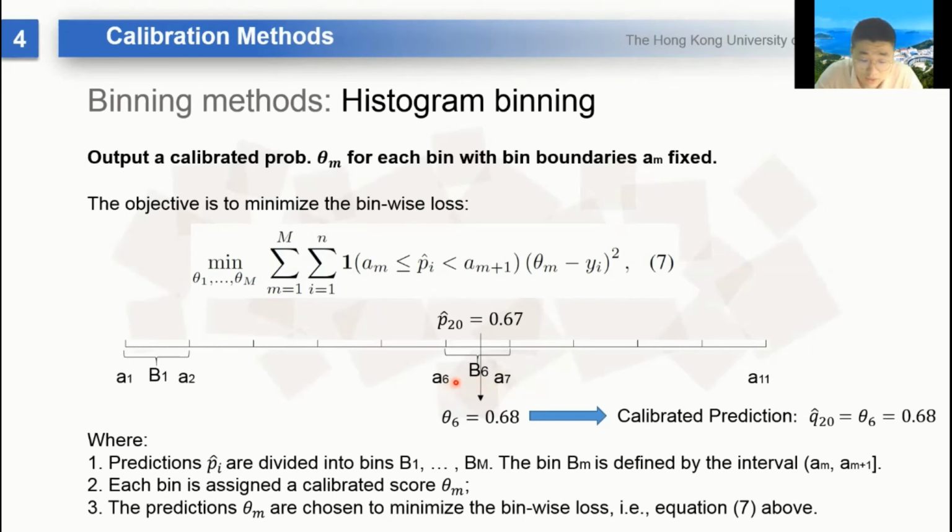Secondly, each bin is assigned a calibrated score theta m, meaning if p-hat is assigned to bin 6, then the calibrated prediction will be theta 6. The predictions theta m are chosen by minimizing this loss.